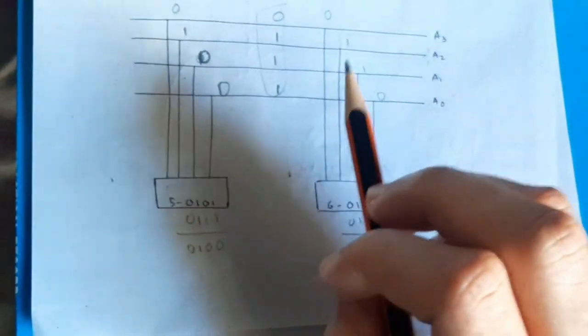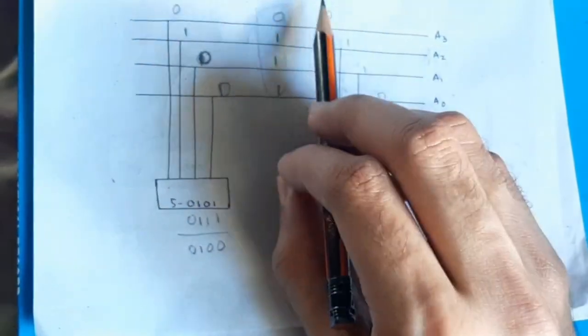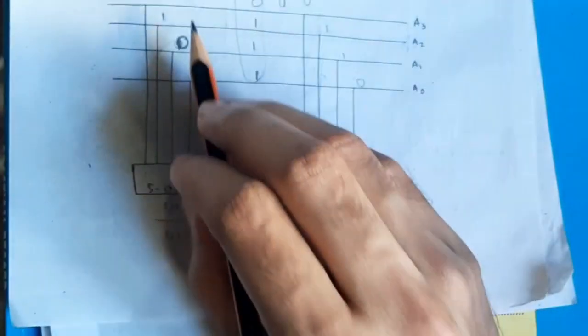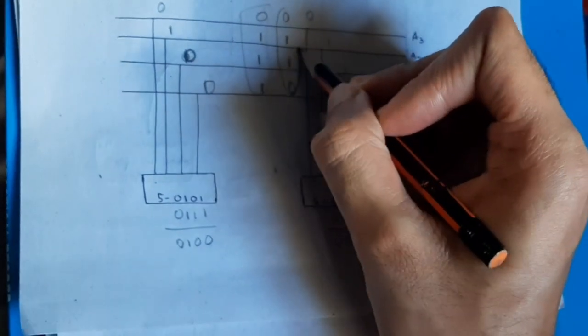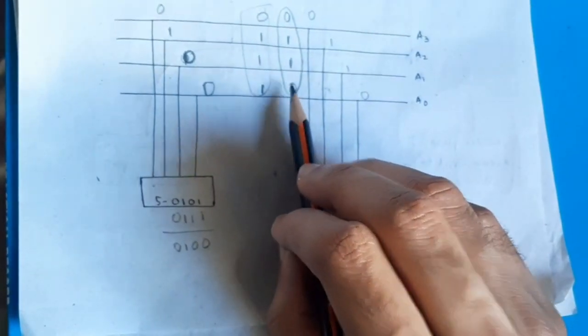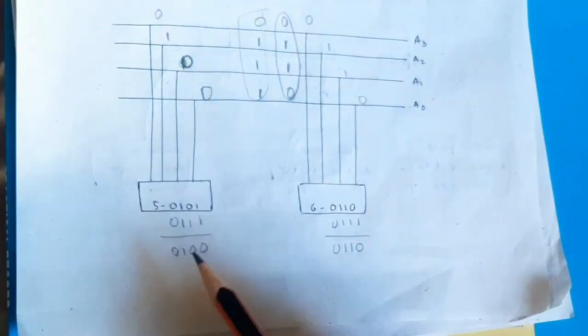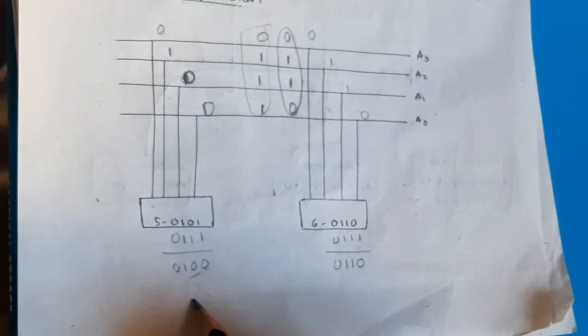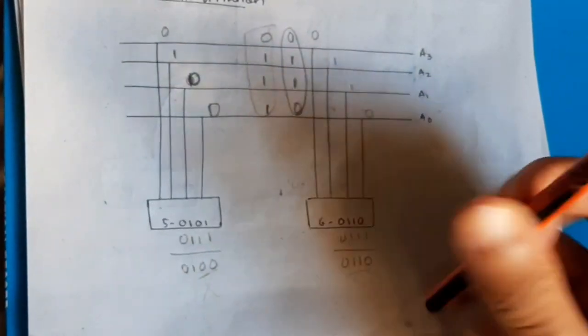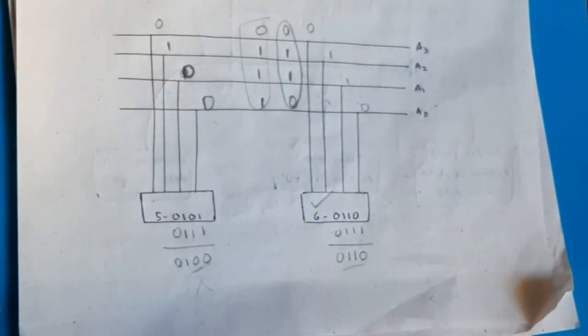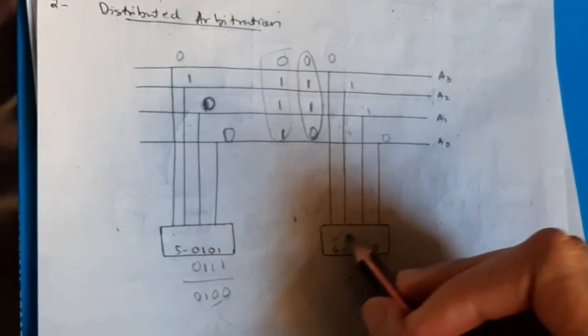Both are placed. Next step, do the logical OR again. 0 and 0 gives 0, and 1 and 1 gives 1, so 0110. This is the new logical OR ID. Now again you have to compare which ID matches with this. Is this matching? No. Is 0110 matching with this? Yes, right? So 6 wins the arbitration, and 6 has the permission to place its data on the bus.